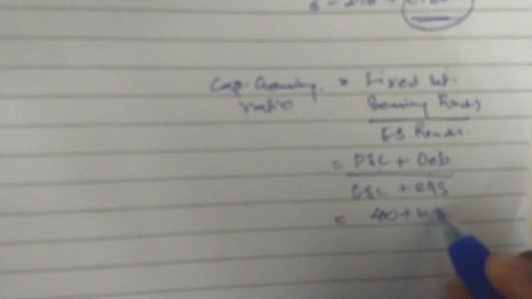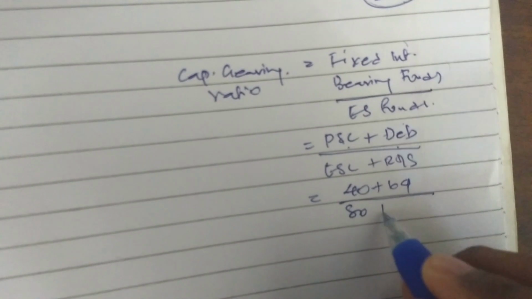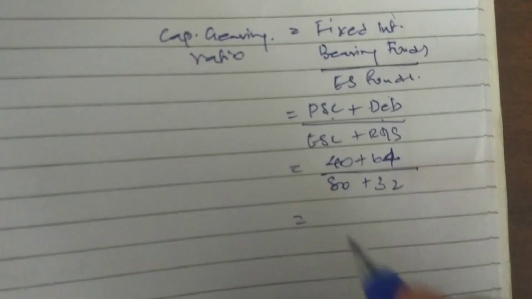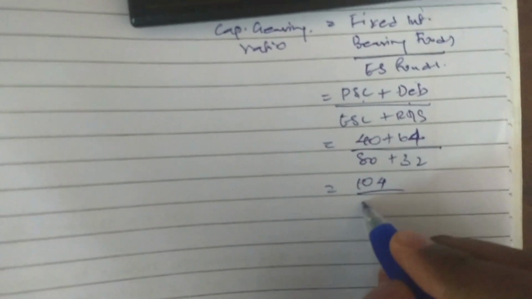So we have 40 plus 64, divided by equity share capital, which is 80, plus reserves, which is 32. So we have 40 plus 64, it's 104, divided by 80 plus 32, we have 112.